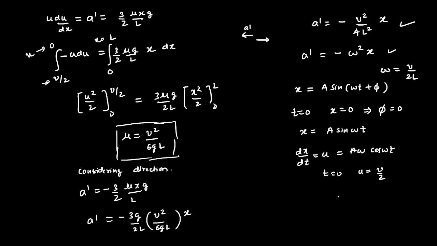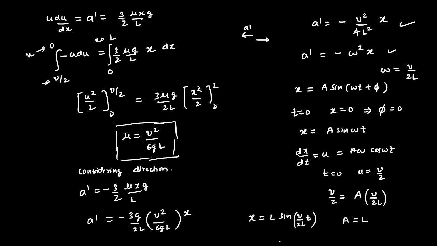Plugging that value, v by 2 is equal to a times omega, where omega is v by 2L, and cos 0 is 1. So we have the value of a equal to L. The function we are looking for, x as a function of time, is L times sine of v by 2L times t.